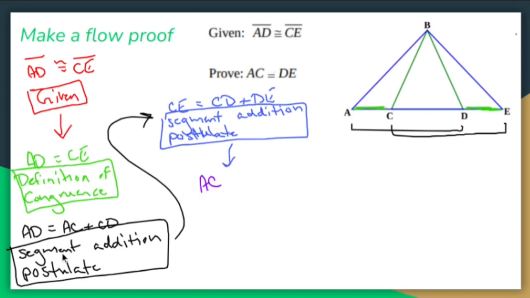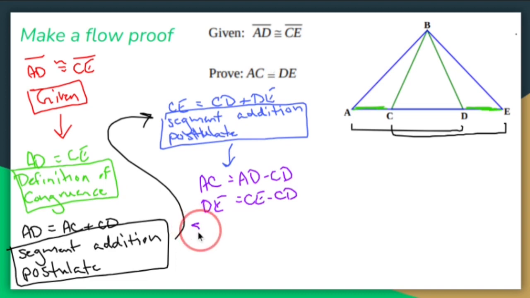So AC equals AD minus CD. Similarly over here, to get DE all by itself, I subtract CD from both sides. So DE equals CE minus CD.